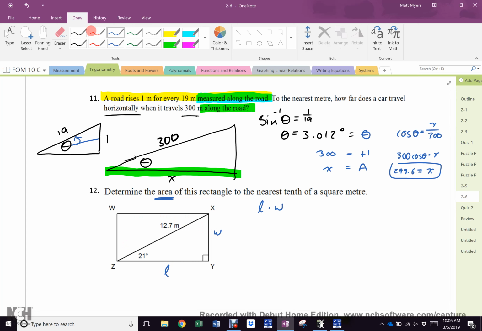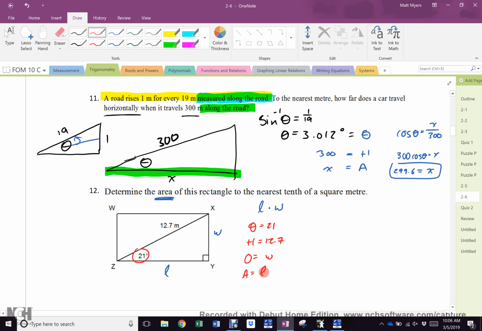What do I have in this triangle? I have a theta of 21. I have a hypotenuse of 12.7. What do I need? Once I have theta set up here, I need the opposite, which equals W, and the adjacent, which equals L, yes?